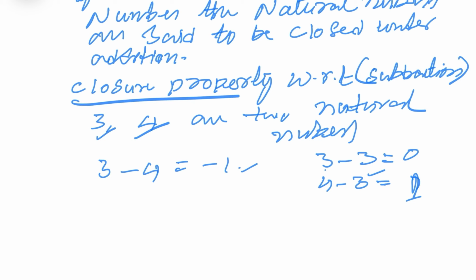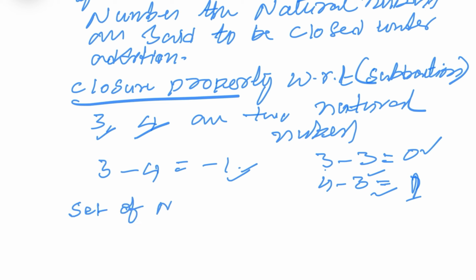But if any property is to be said to hold, it should be true for all the numbers. In this case it is okay, in this case it is not okay. If it fails in one case, the property is said to have failed.